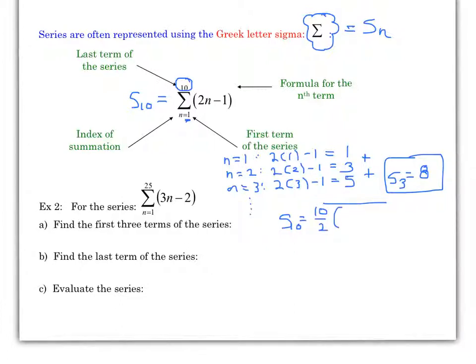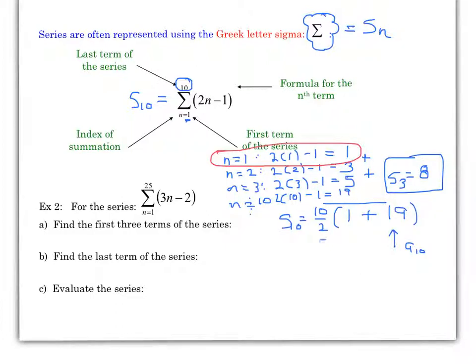My first term, which is when n is 1, so this is going to be like finding your A sub 1, which we know is 1, plus we want to find A sub 10, because that's going to go in this last place, A sub 10. So when you plug in n is 10, we'd have 2 times 10, 20 minus 1, which is 19.